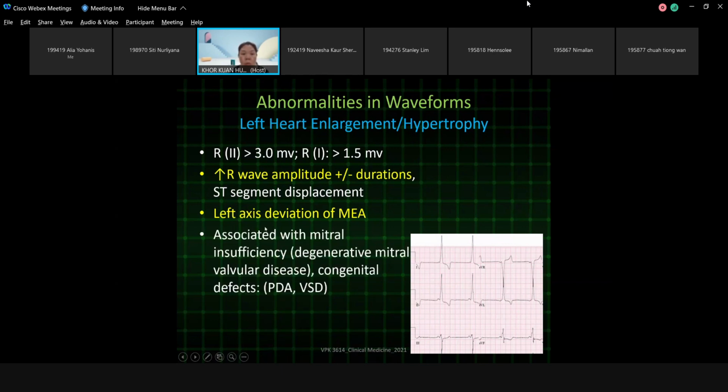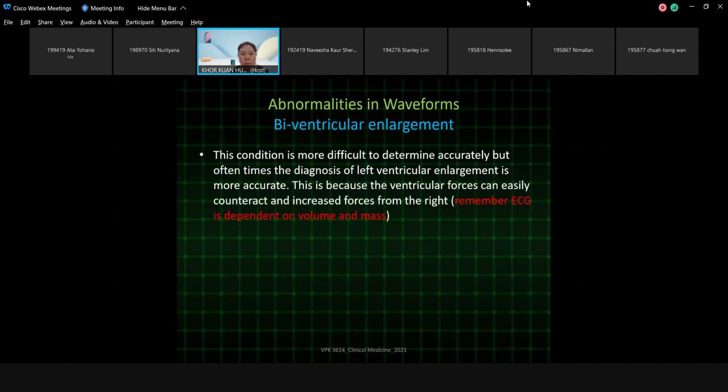So if it is going to be left axis deviation, it doesn't tell you much. Naturally our heart has a left axis deviation. Alright. So it's often associated with mitral insufficiency, degenerative mitral valve disease, congenital defect, can be PDA, can be VSD, can be anything. Anything of the left-sided heart disease.